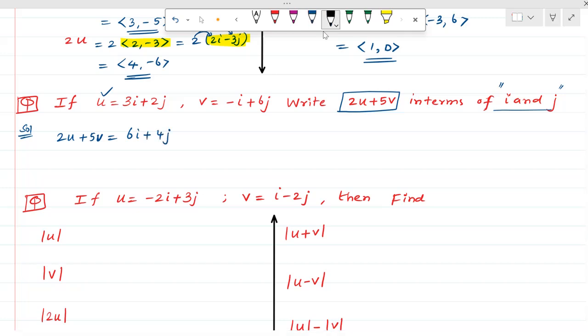Now when I multiply the 5 with the v, what will you get? Minus 5i plus 30j. Now when you add, i with i, 6i minus 5i, which is i. Then the next one, 34j. Since the question is asking you to write it in the form of ij format, you have to leave it up to this.